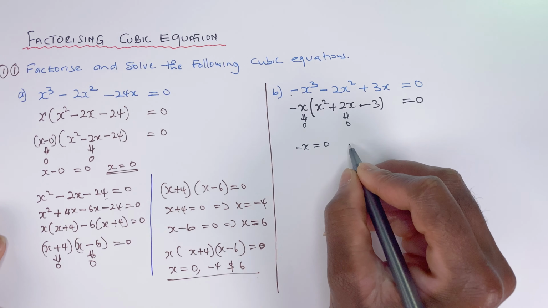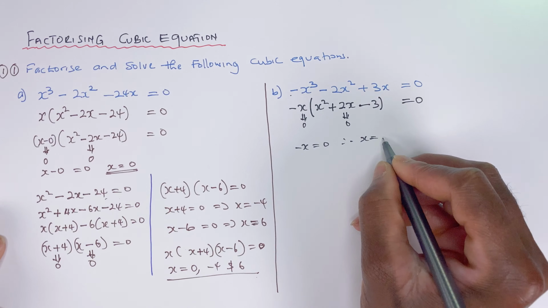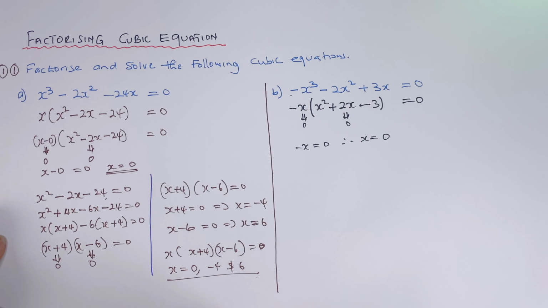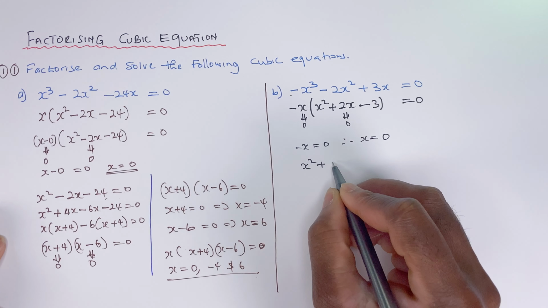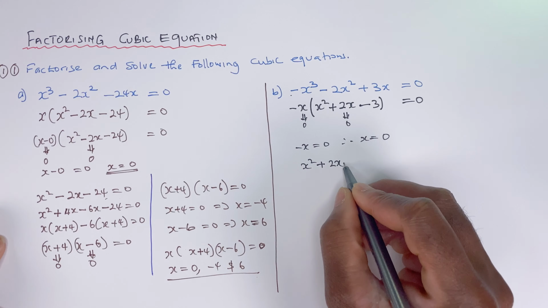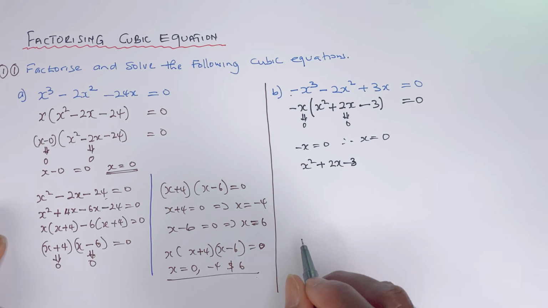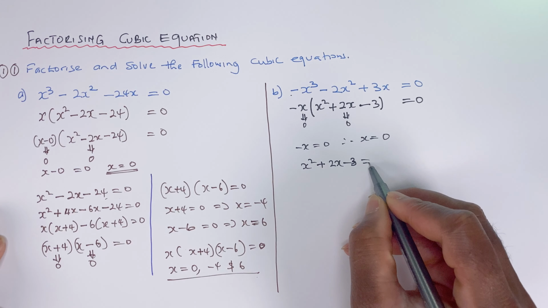Minus x equal to 0, therefore x equals 0. Now, x squared plus 2x minus 3, and I need to equate that to 0.